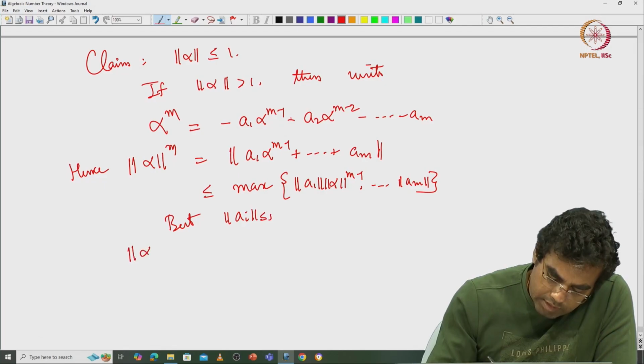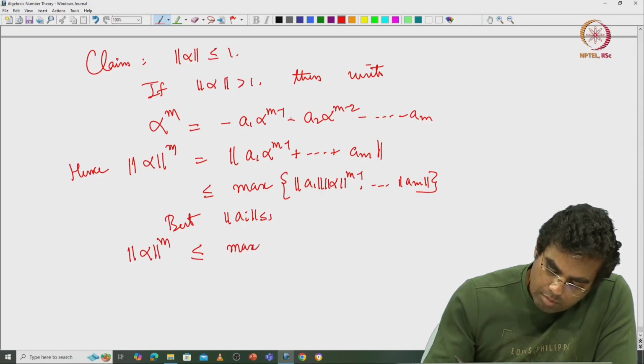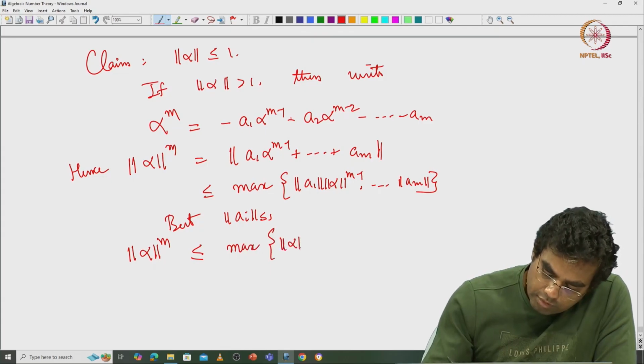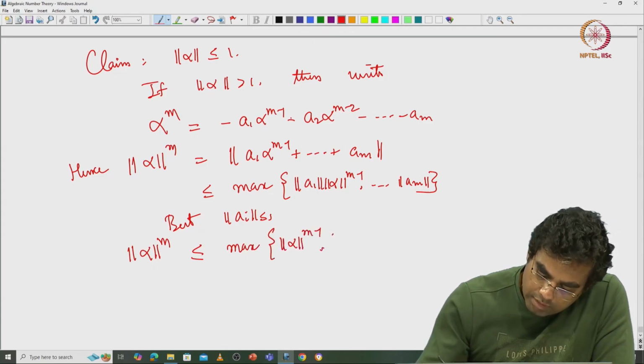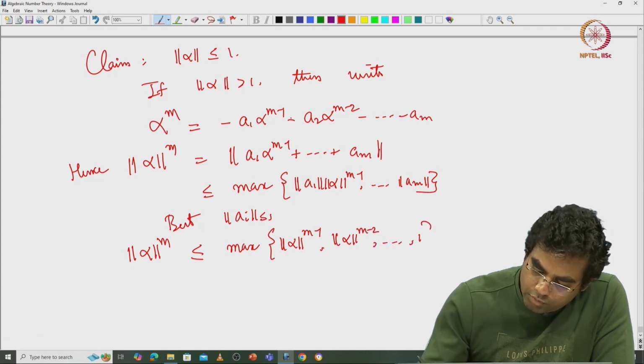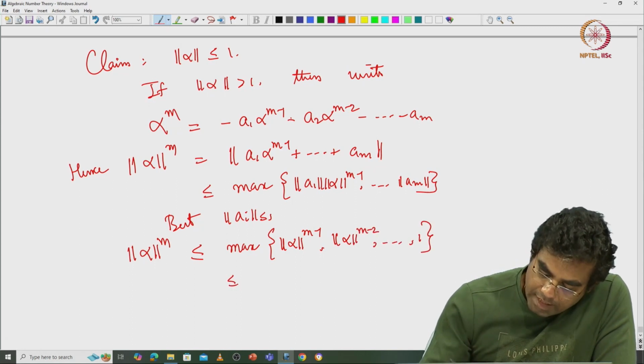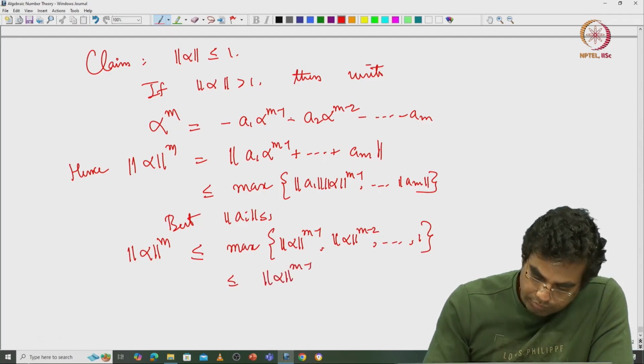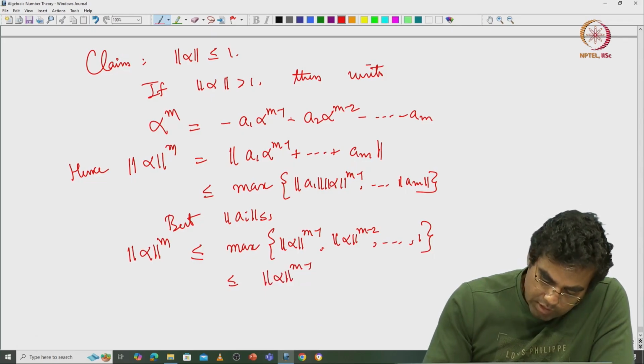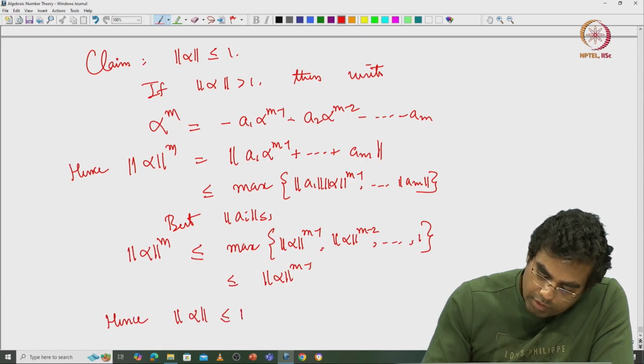So, I can rewrite this as valuation of alpha to the m is less than or equal to max of valuation of alpha to the m minus 1, valuation of alpha to the m minus 2 and so on up to 1, which is less than or equal to valuation of alpha to the m minus 1, which is hence what we get: valuation of alpha is less than or equal to 1.